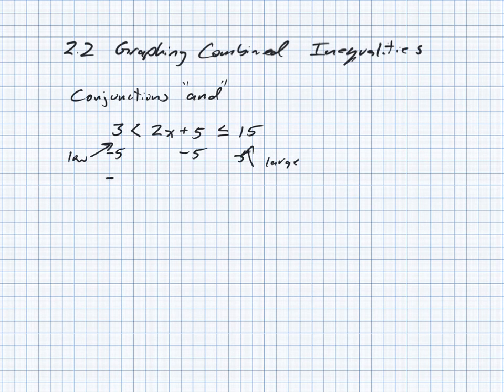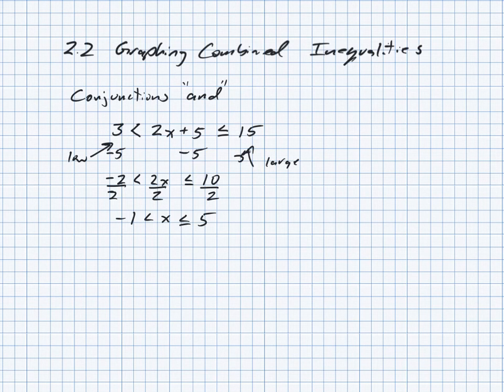So I have minus 2 less than 2x less than or equal to 10. Now I divide everything by 2. If it was a negative, I'd have to switch the signs, but it's not. And so I have negative 1 less than x less than or equal to 5.